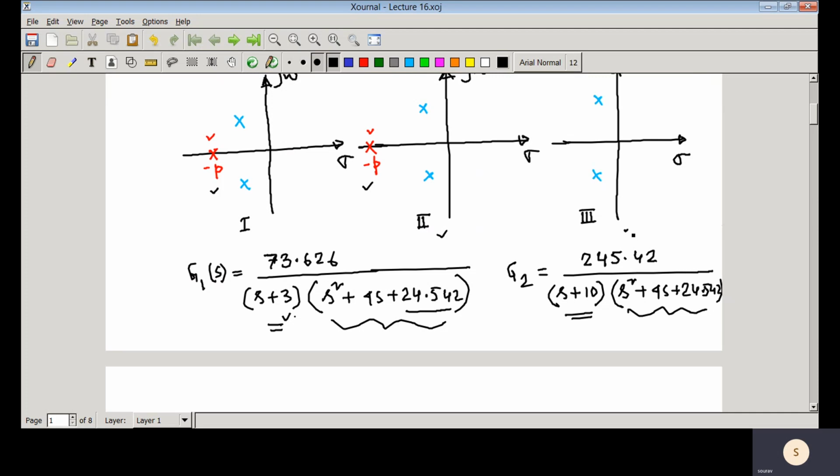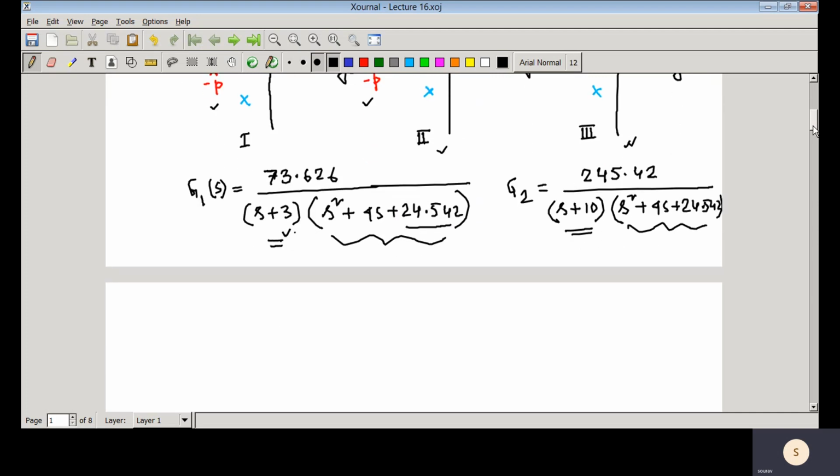So it is just like a second order. This is a second order transfer function in normalized form. So suppose G3 equals 24.542 divided by s square plus 4s plus 24.542.